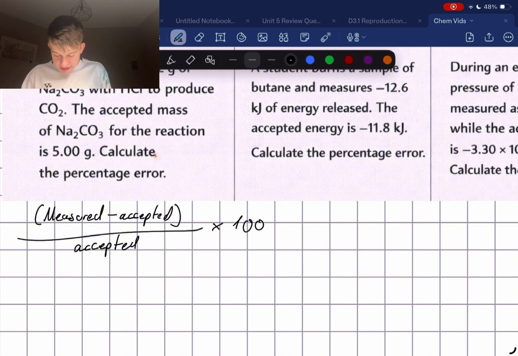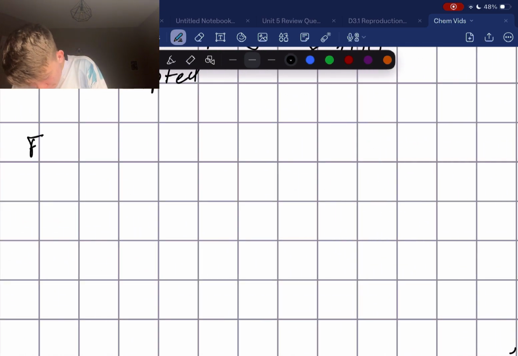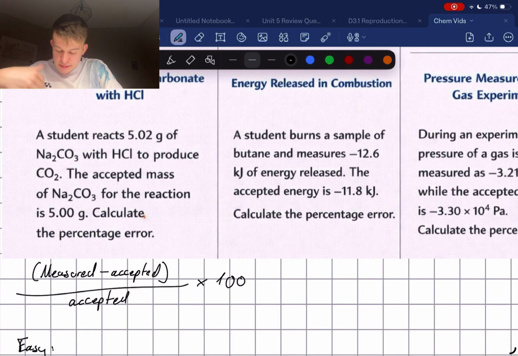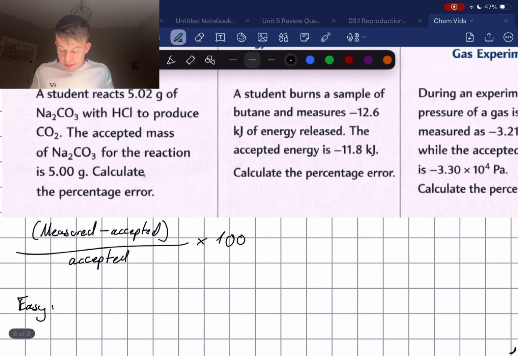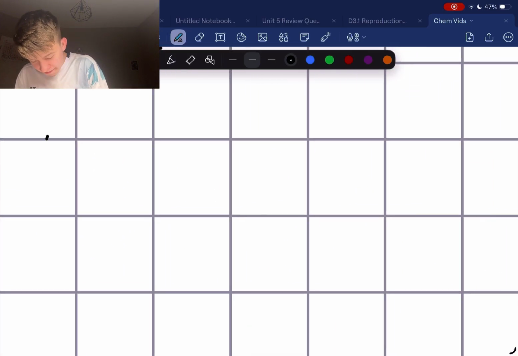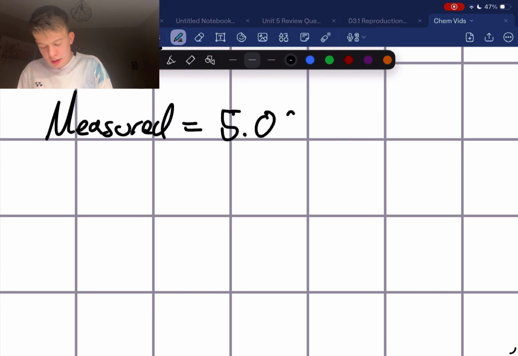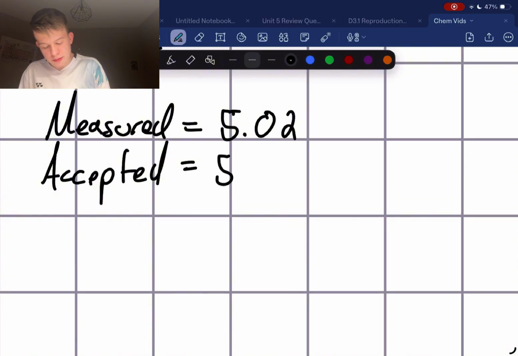Okay, so let's start with the easy one. A student reacts 5.0 grams of Na2CO3 with HCl to produce CO2. The accepted mass of Na2CO3 for the reaction is 5 grams. How do we calculate the percentage error? Our measured value is 5.02, and our accepted value is 5.00.